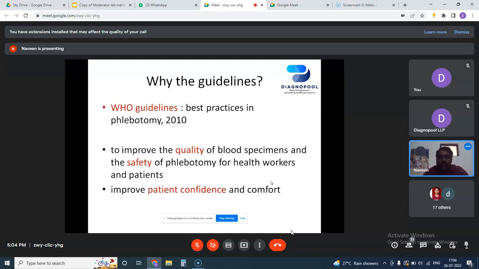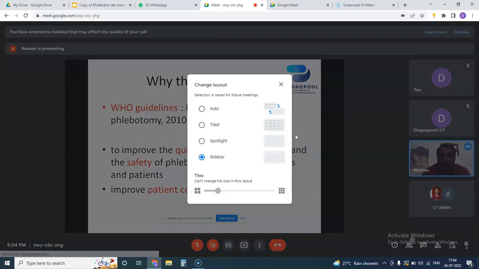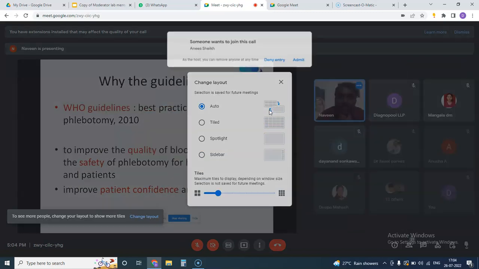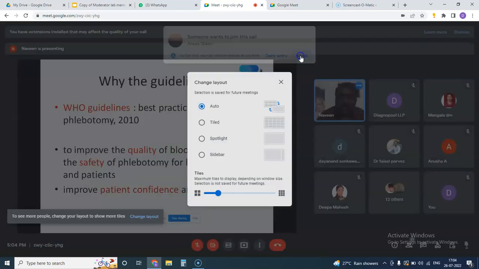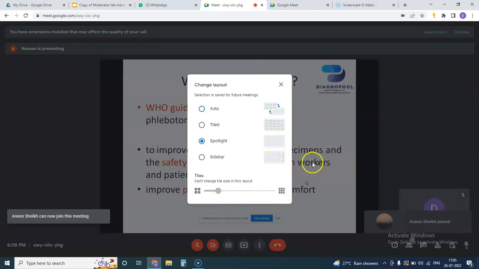So that is the importance of phlebotomy, and that's why we need to have some guidelines so that we can avoid the errors. And for that, we have WHO guidelines known as best practices in phlebotomy, which was released in 2010. These guidelines don't only help us improve the quality of blood specimens, but they also help us to improve the safety of phlebotomy, both for the health workers and the patients.